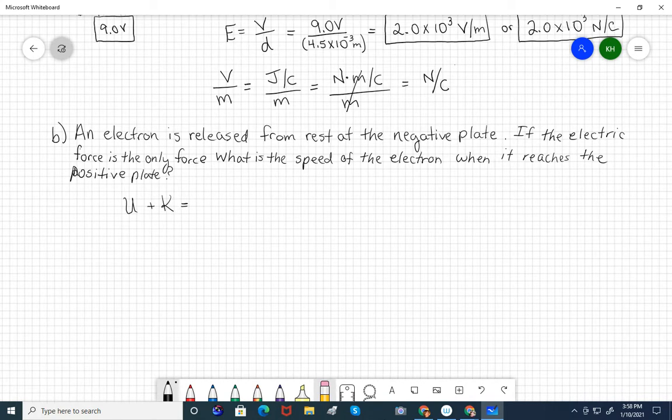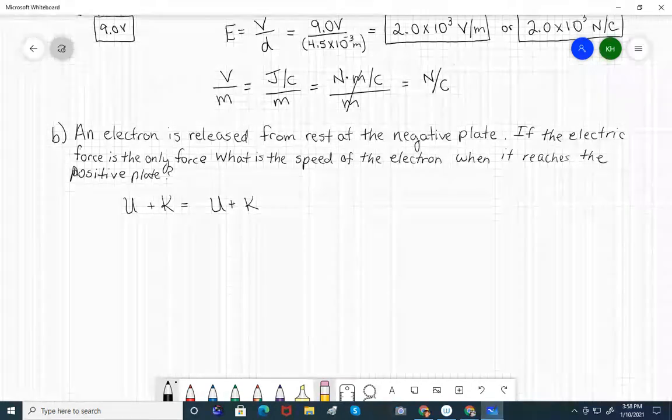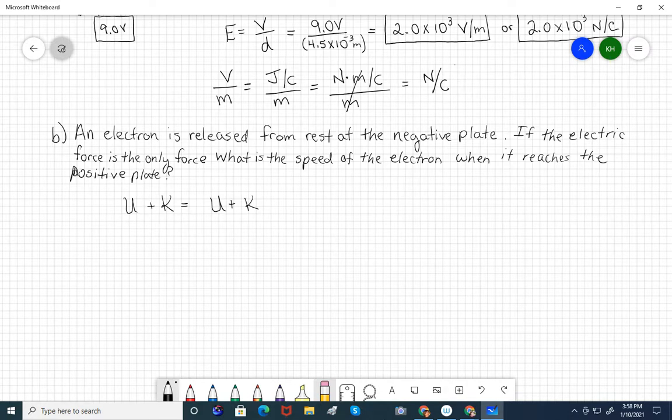Well, initially, all of the energy is potential because it's at rest. This is when we're at the negative plate. This is when we're at the positive plate.